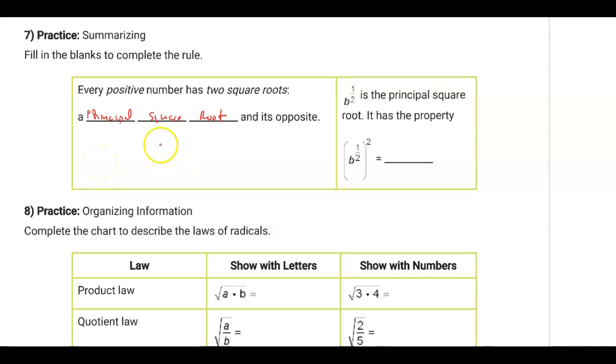As long as you know the principal square root, if I have x squared, the square root of x squared is basically x, and that can be positive or negative. So b to the 1/2 power is the principal square root. It has a property: b to the 1/2, all to the second. Remember, what do I do with the exponents here? I multiply them, and 1/2 times 2 would be b.